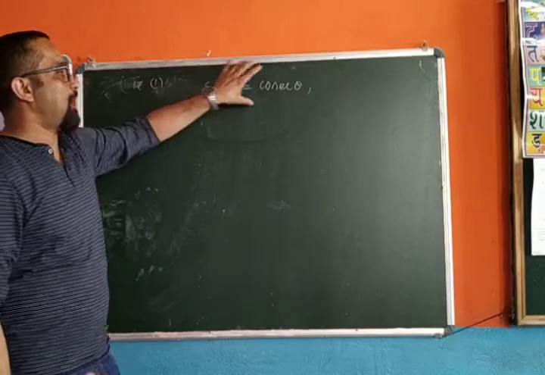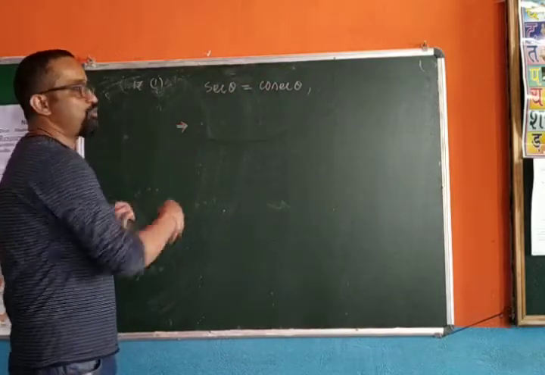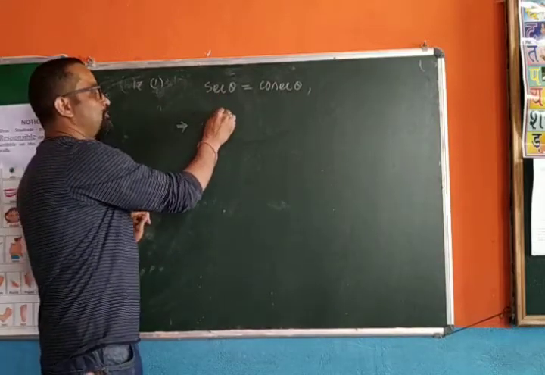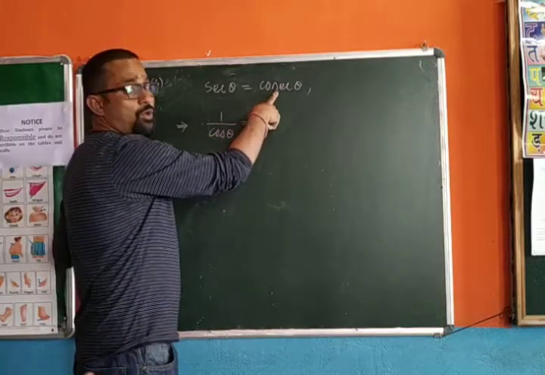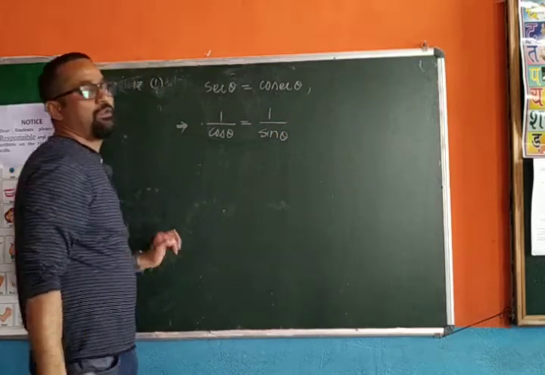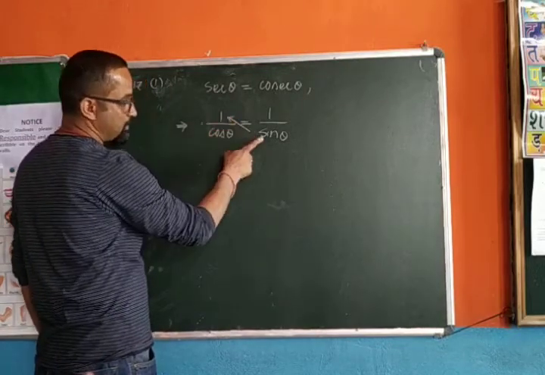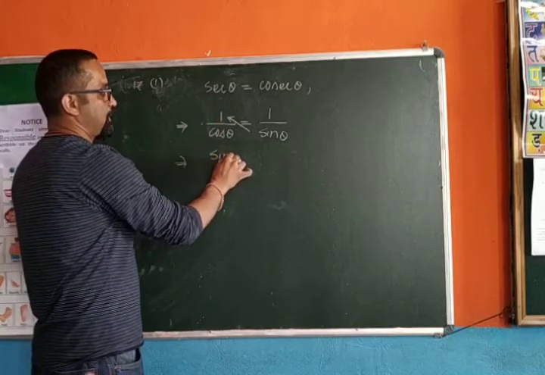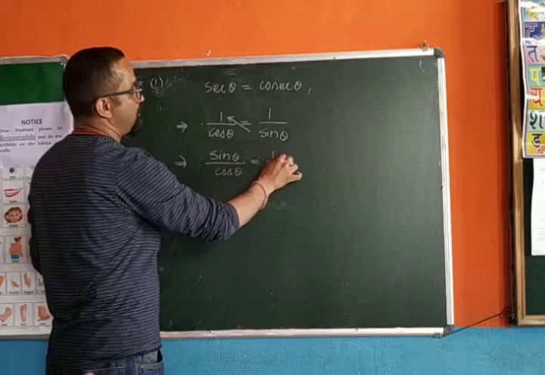This sec and cosec you have to change using the reciprocal relation. Sec can be written as 1 upon cos theta. Cosec can be written as 1 upon sin theta. Now we cross multiply and take this to the numerator. Sin theta divided by cos theta, 1 divided by 1.